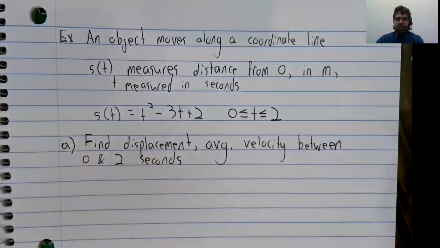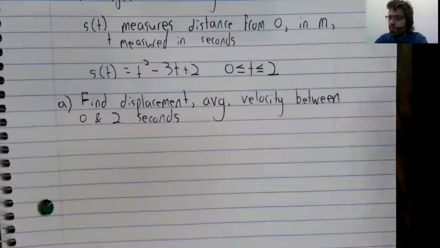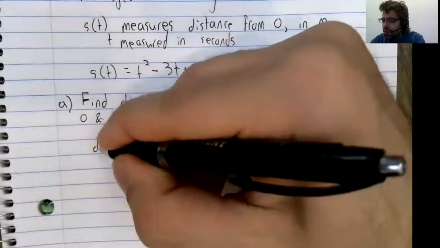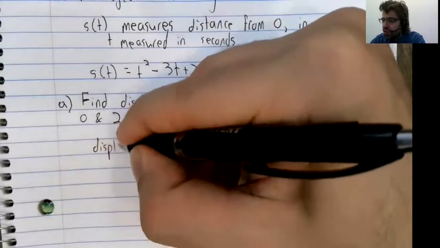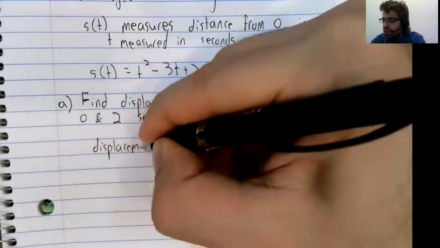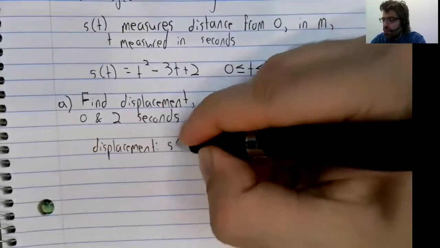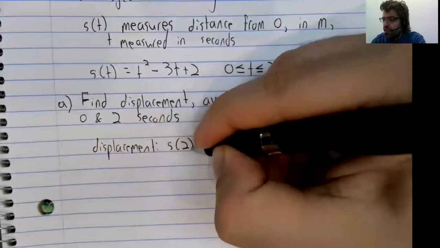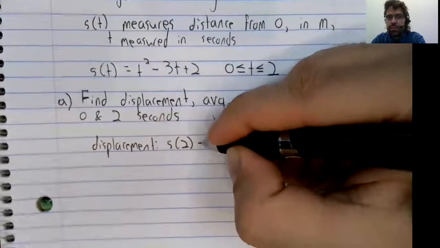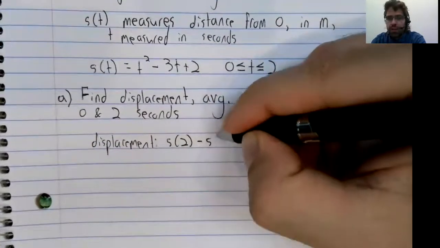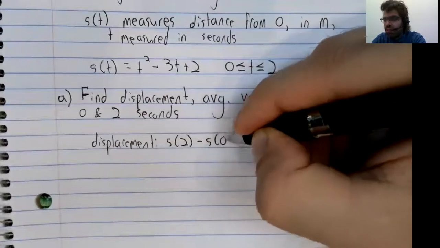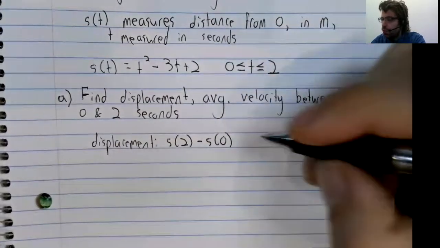So this is not a calculus problem. The displacement is just s of 2 minus s of 0.